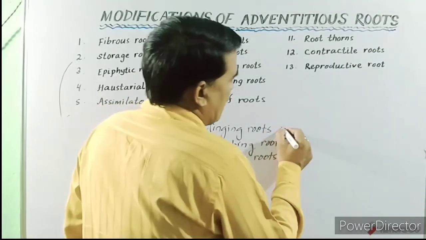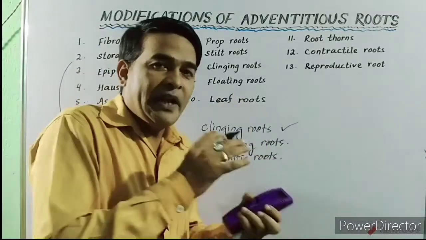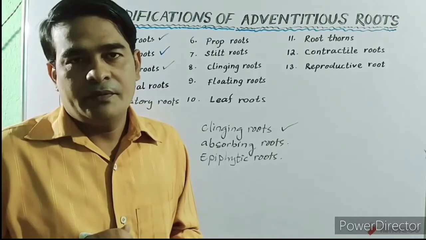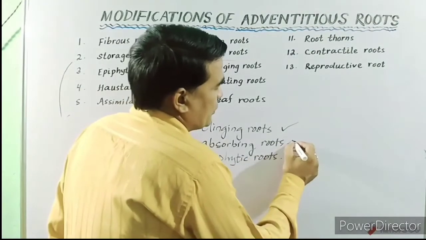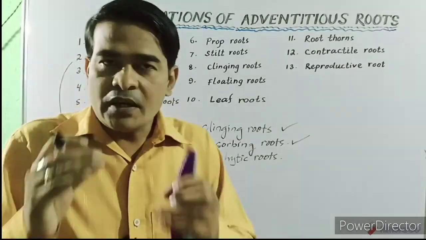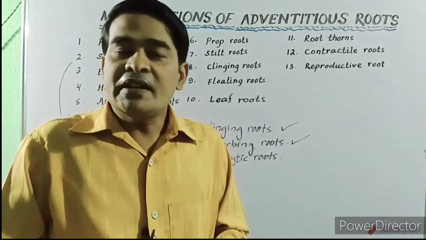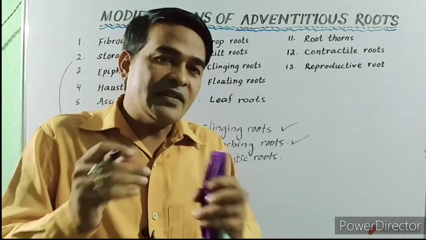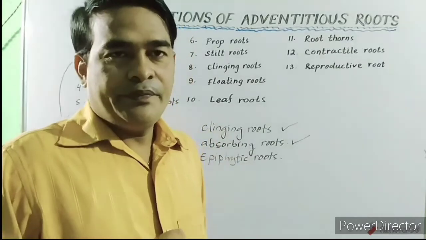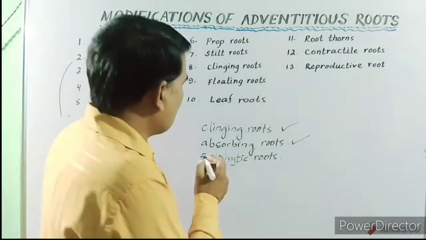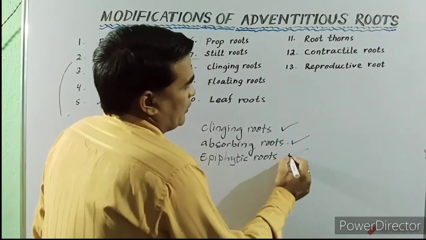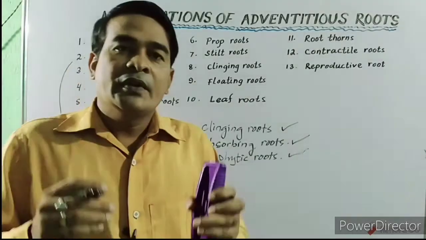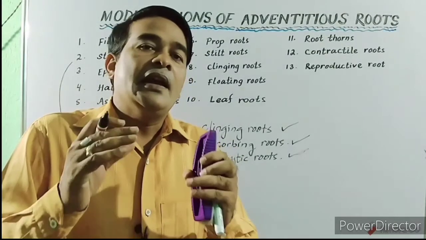The clinging roots help in fixing the epiphyte on the space host. Then absorbing roots help in absorption of salts and minerals present in debris accumulated on the surface of the space host. Then the third type of root is the epiphytic root, which is aerial and hanging.